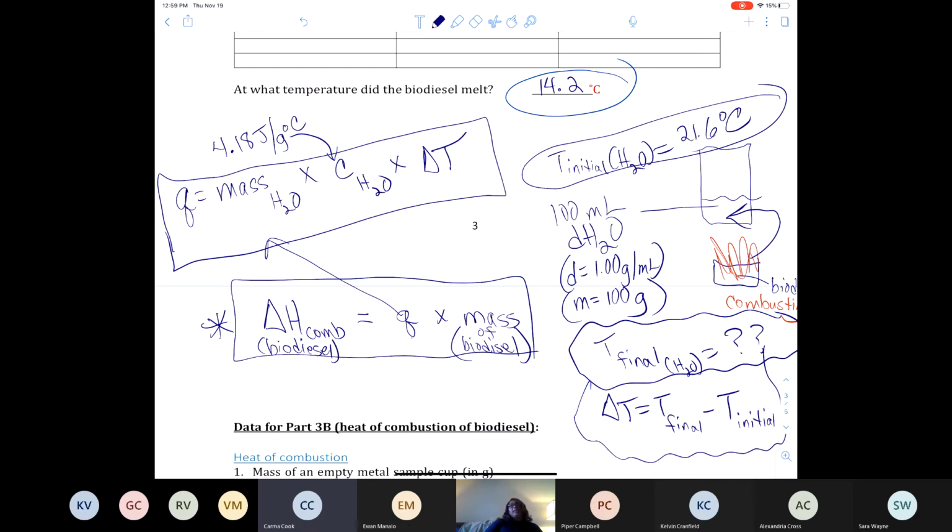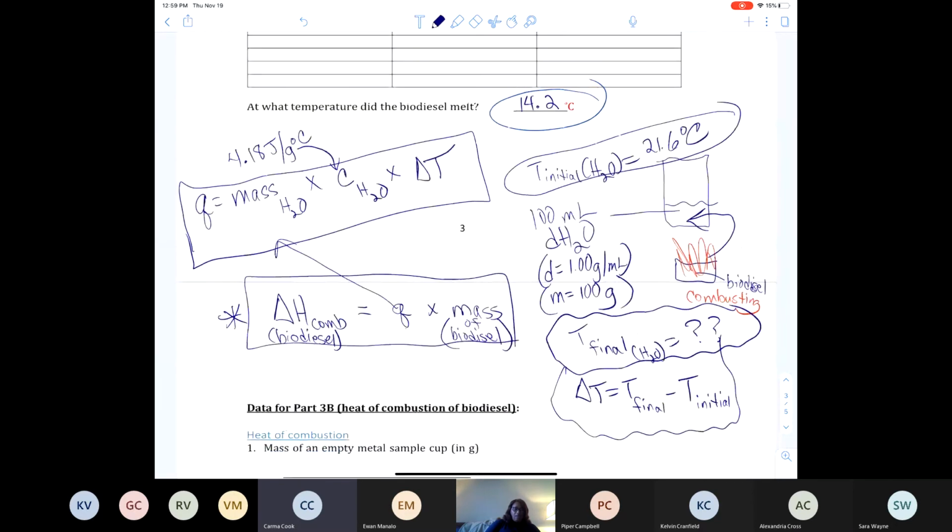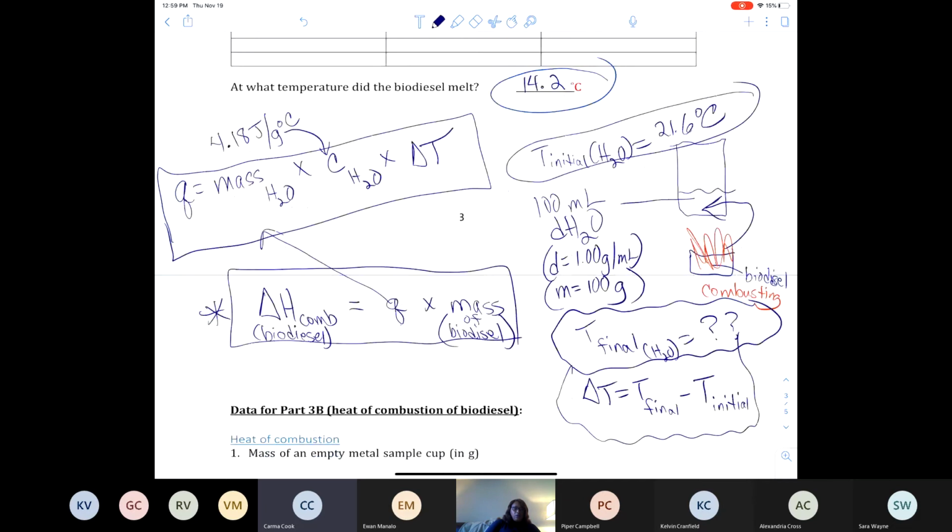Theoretically, we know that we can say that, but in actuality, some of the heat from the combustion is going to be lost to the room itself and not directly go to heat the water in the can, but it's a very, very good estimation. And so it's a good assumption to make that all the heat from combustion is being absorbed by that water in the can. So we've got 100 grams of water in the can.